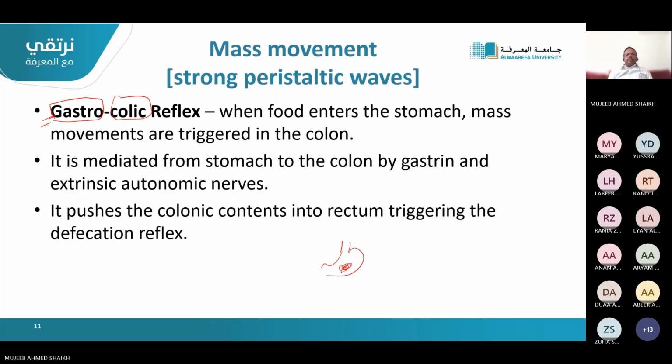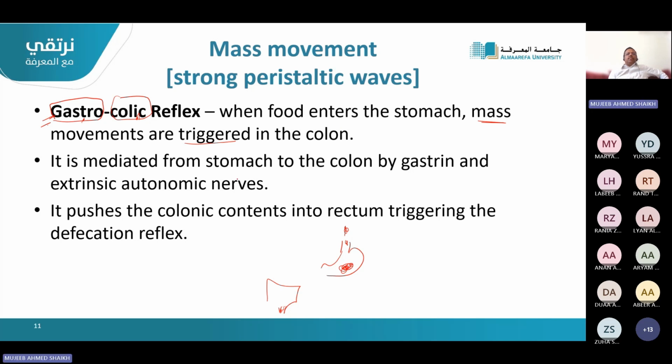Okay, when the food enters into the stomach, suppose you eat, then there will be starting of a reflex here, as if a feeling of going to the bathroom or feeling of defecation. Although the food is here, why is the reflex starting here? This is called the gastrocolic reflex. So food is in the stomach, but the colon is having movement. Mass movements are triggered because of the presence of food in the stomach. That's why the name is gastrocolic reflex.